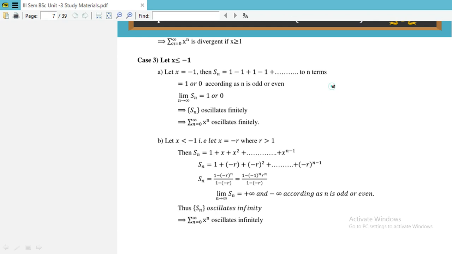Conclusion: in a geometric series, the summation of x raised to n is equal to 1 plus x square plus and so on, x raised to n minus 1 plus and so on. First case, modulus of x less than 1: in this case, the series is convergent.